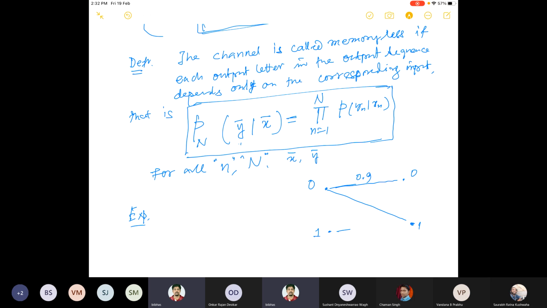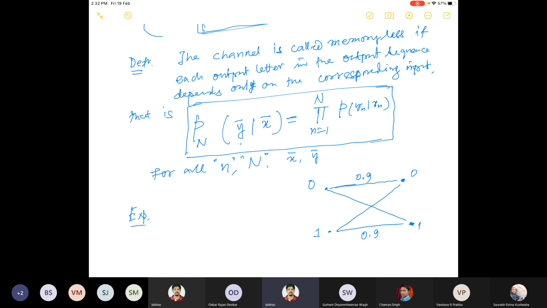Same thing is here, and since this is symmetric, this is also 0.9. So there's a high probability that if 0 is sent, then 0 is also received, with probability 0.9.